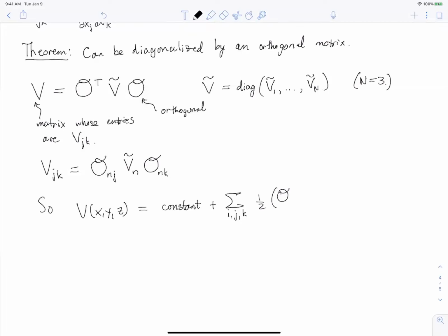Orthogonal matrix Ki, Xi, V tilde n, orthogonal matrix Kj, Xj. Okay, and then there's plus small here.